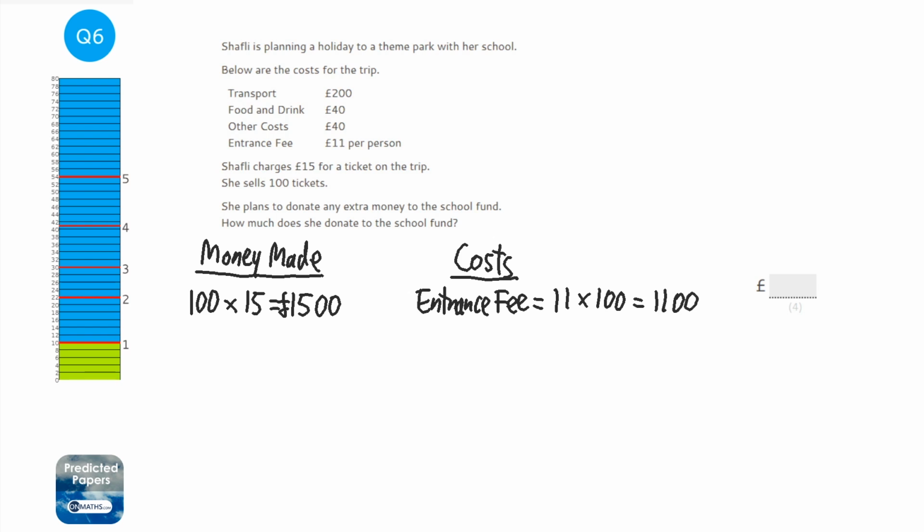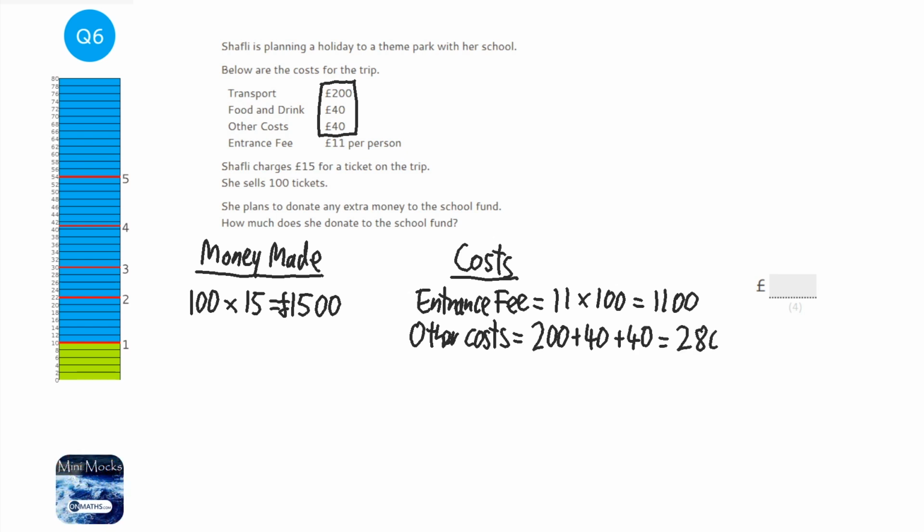All the other costs are just one-off costs. Those aren't per person. So other costs are going to be 200 plus 40 plus 40, which is going to equal 280.